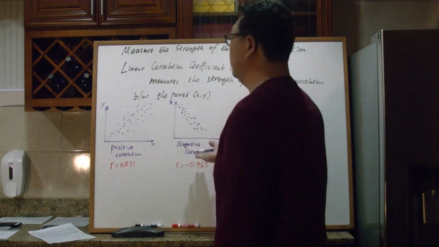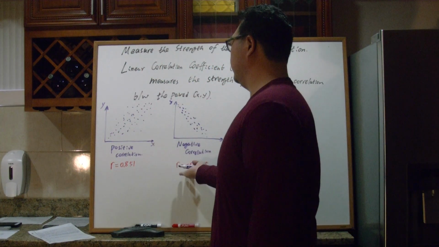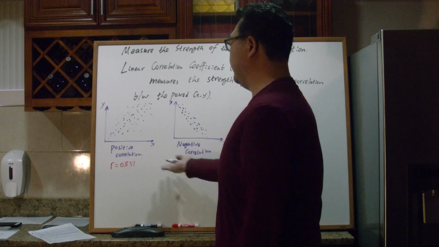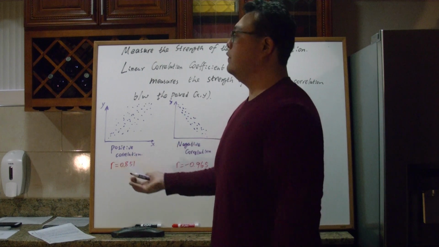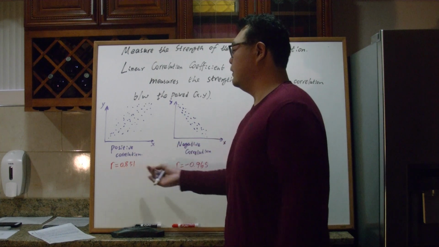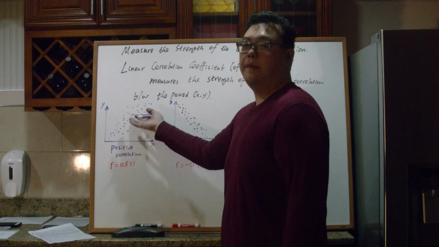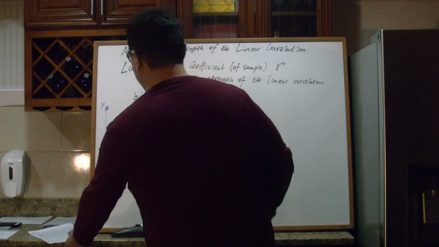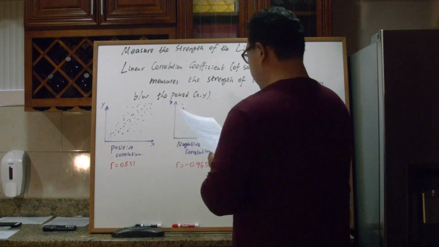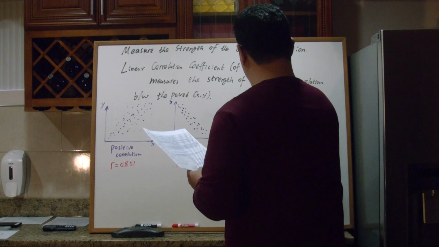We see the correlation is negative in this case, but the value refers to the absolute value regardless of the sign. The value of r is bigger than what we found in our first graph.